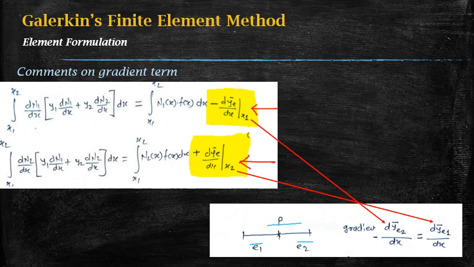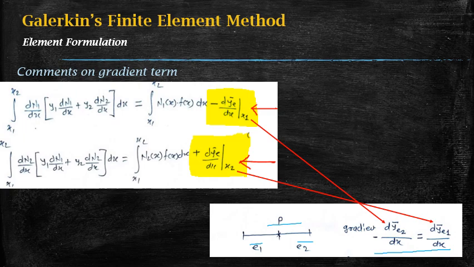If some external influence acts on this internal node, then this discussion is not true. But whenever no external disturbance acts on the internal node, you can consider these gradient terms, which are equal in magnitude and opposite in sign, to cancel each other.